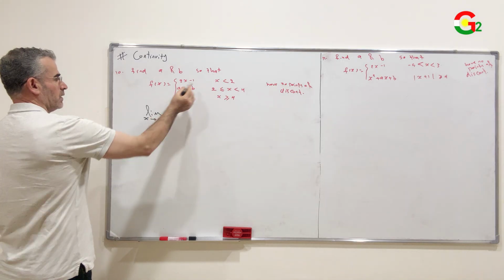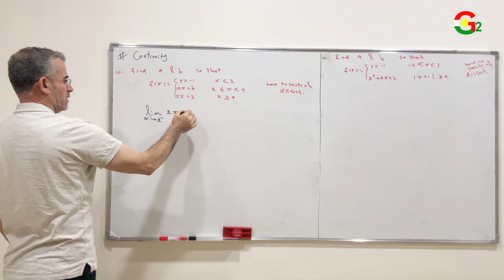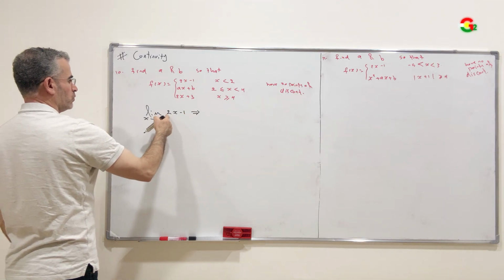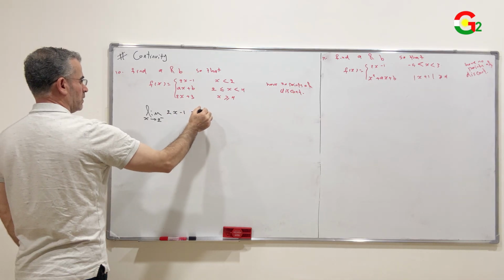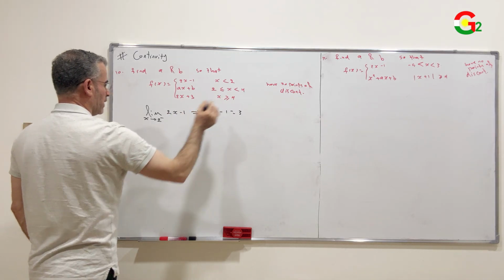From the left, when x is less than 2, the function is 2x minus 1. Substitute every x with 2: 2 times 2, 4 minus 1, equal to 3.